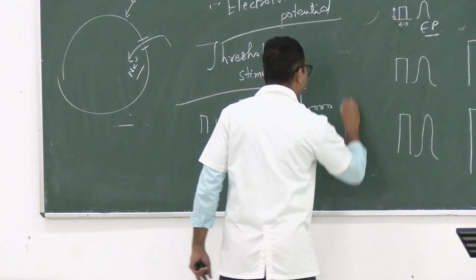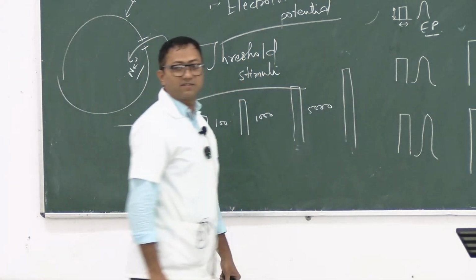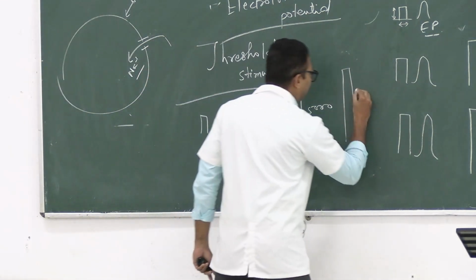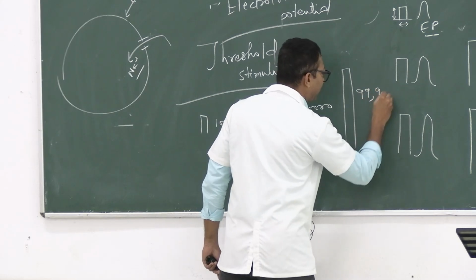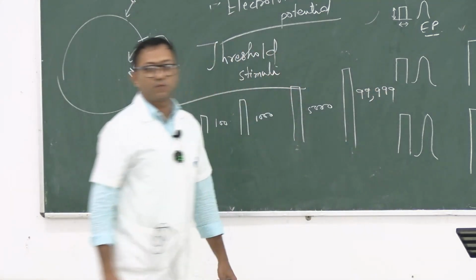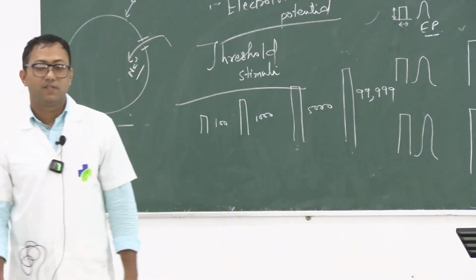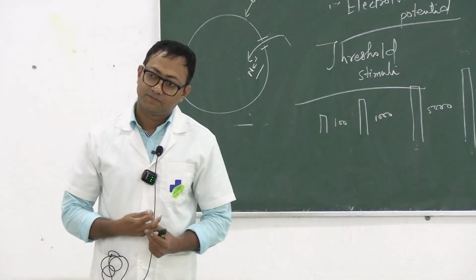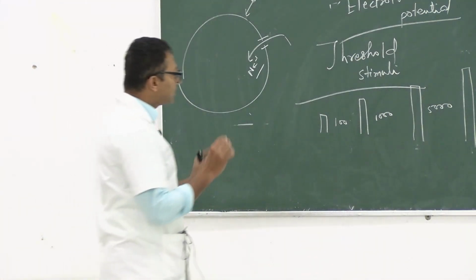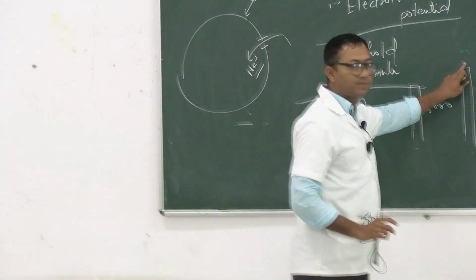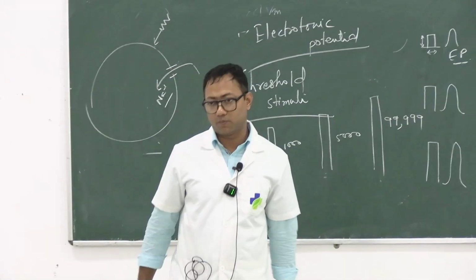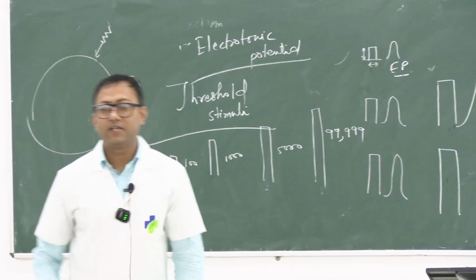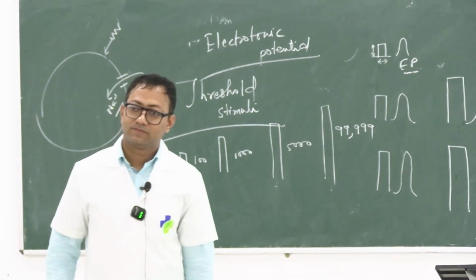You again increase the stimulus, 99,999 sodium channels are open. Just one short of 1 lakh. Now slightly you are increasing the strength of the stimulus, 1 lakh sodium channels are open. Okay, and you get action potential.